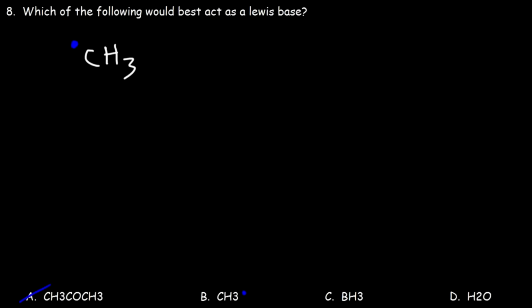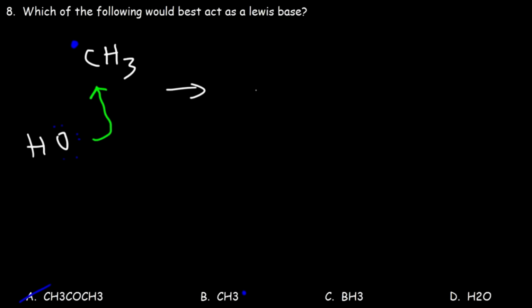The radical only has 1 unpaired electron, so it can't donate 2 electrons. It doesn't have it. Now, can the methyl radical accept a pair of electrons? So let's say if we react it with hydroxide. Can hydroxide donate a pair of electrons to it, forming a bond?